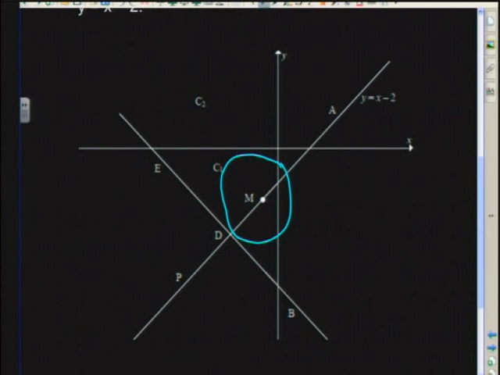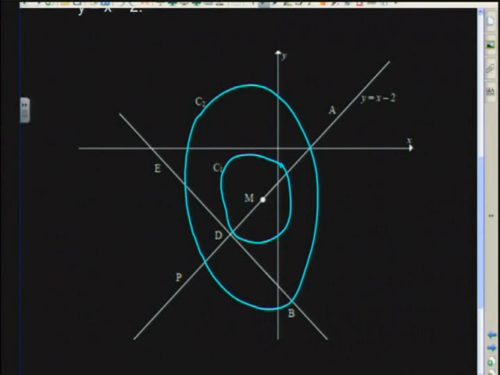But anyway, we've got circle C1 with center M, and then we've got a bigger circle C2 doing something like that, and they both have the same center, M. We've also just worked out MB, that was quite a long question that we just did. We saw that MB was the square root of 40.